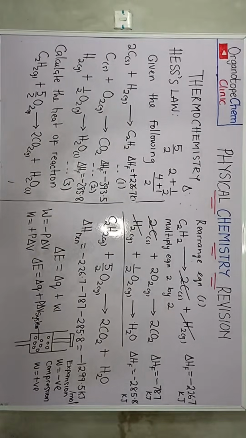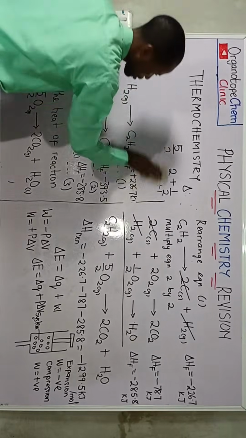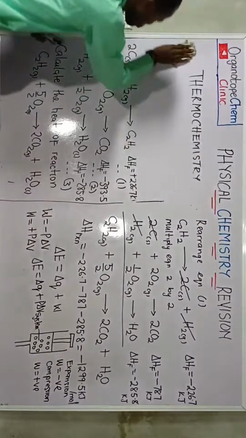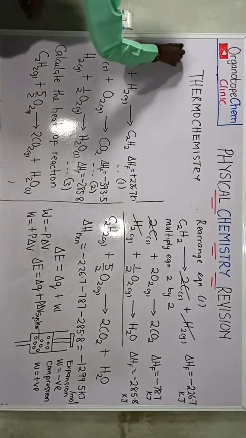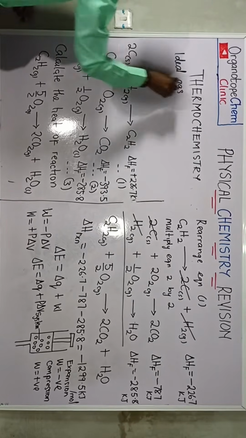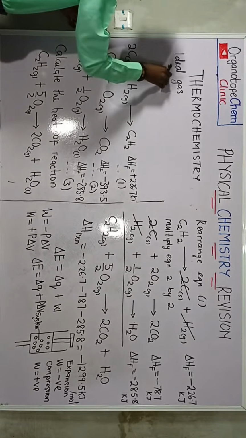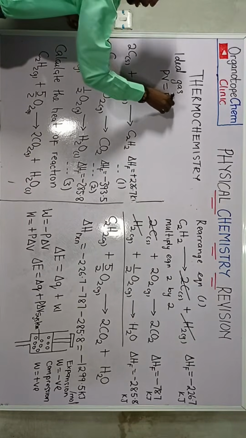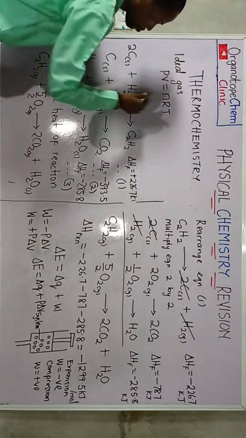From the ideal gas equation, we all know that for an ideal gas, PV equals what? nRT. The gas in the piston behaves ideally, right? So we have PV equals nRT, okay? So what will be the expression for P change in V?